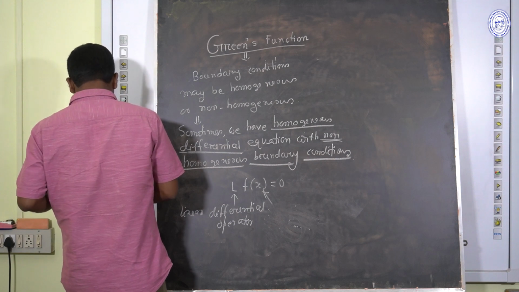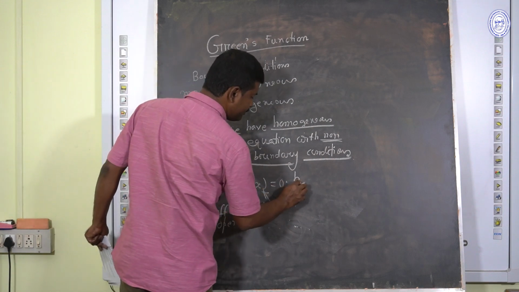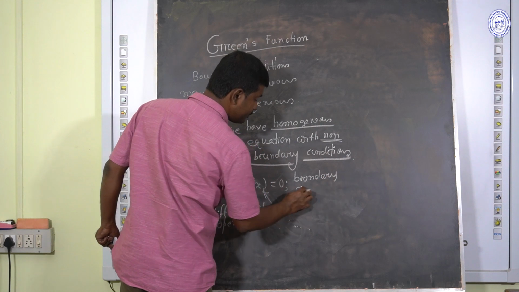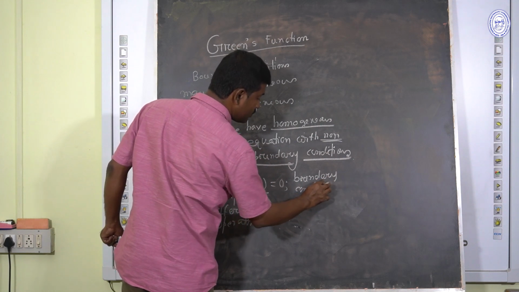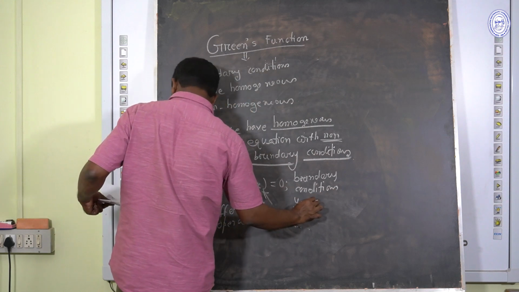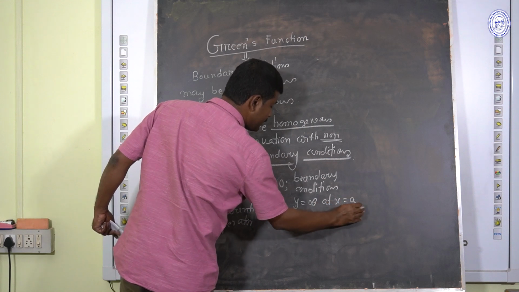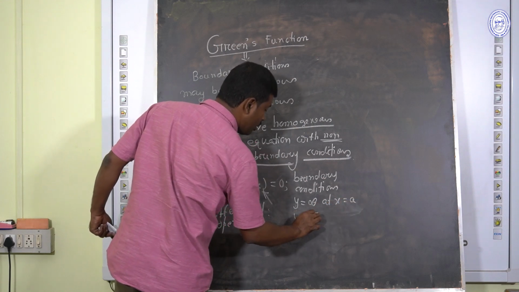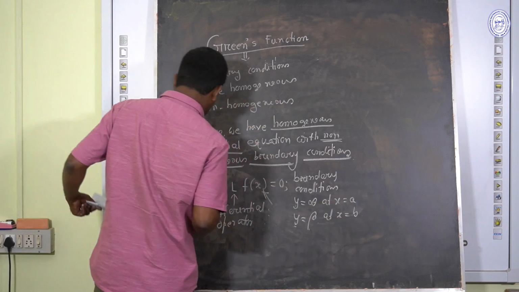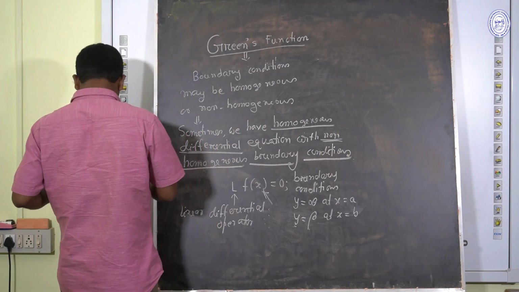And the boundary condition is y equal to alpha at x equal to a and y equal to beta at x equal to b.